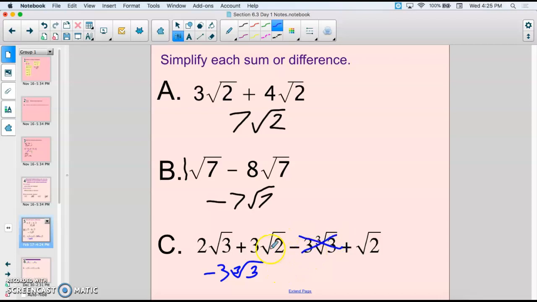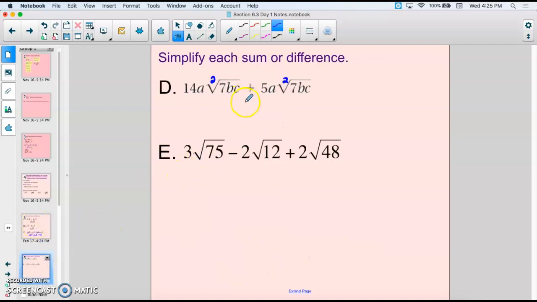Now, they all have the same index, but this one doesn't have the same radicand, right? And so that's the next one that we can write. Now we're done with that one. These ones have the same index and the same radicand. So if we have 3 plus 1, that leaves us with 4 square roots of 2. And that would be our simplified expression.